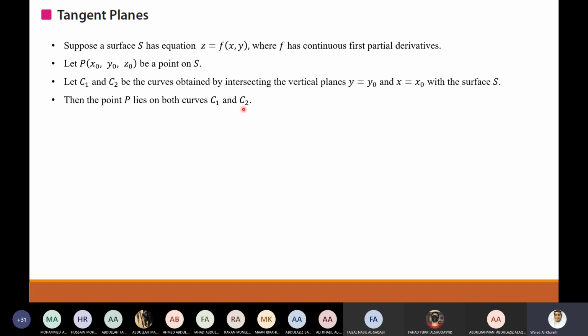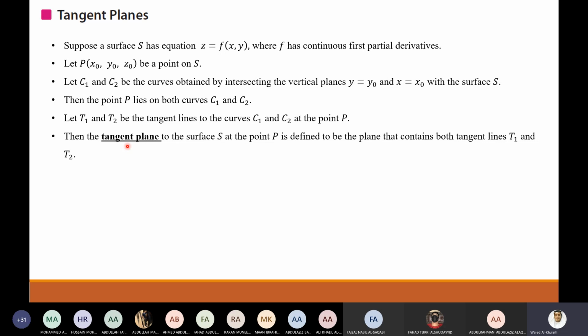Then the point P lies on both curves C1 and C2, which is clear. And let T1, T2 be tangent lines to the curves C1 and C2. That's what we have seen before. Now the tangent plane of the surface S at the point P is defined to be the plane that contains both tangents T1 and T2.